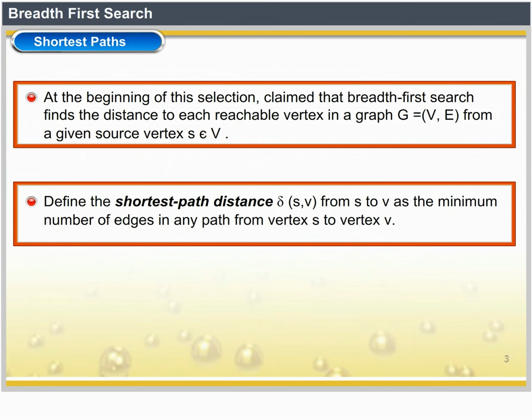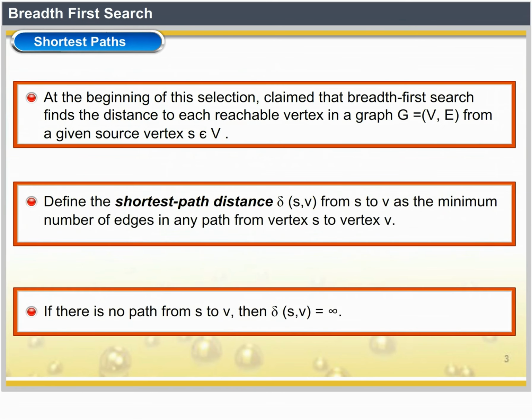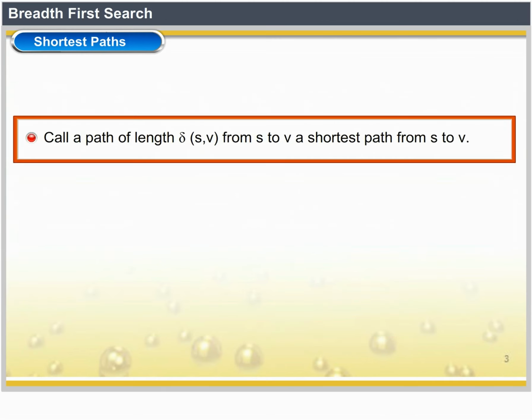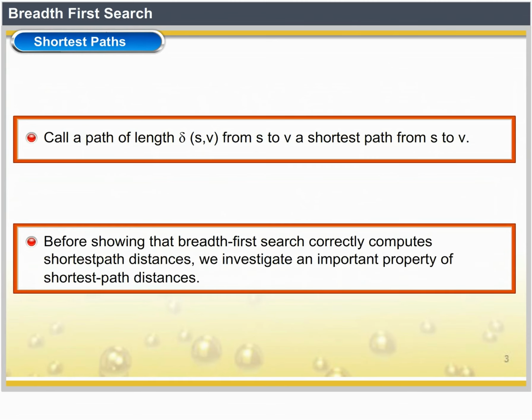If there is no path from s to v, then δ(s, v) = ∞. We call a path of length δ(s, v) from s to v a shortest path from s to v. Before showing that breadth first search correctly computes shortest path distances, we investigate an important property of shortest path distances.